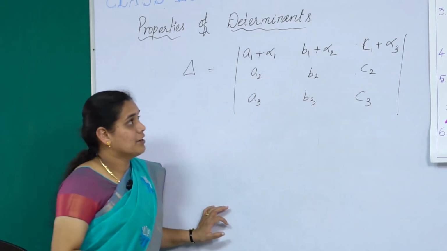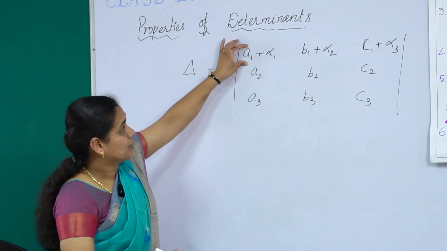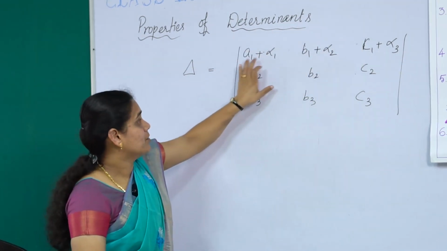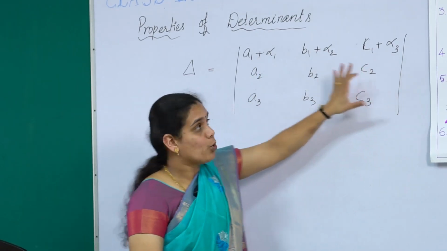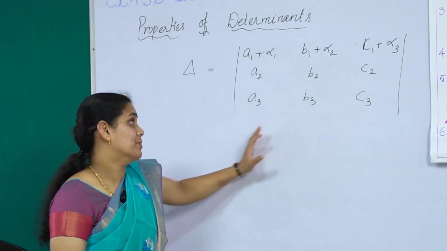Okay. Here what we have found, the first row is written as sum of 2 terms. See, a1 plus alpha 1, b1 plus alpha 2 and c1 plus alpha 3. We can split this determinant as sum of 2 determinants.